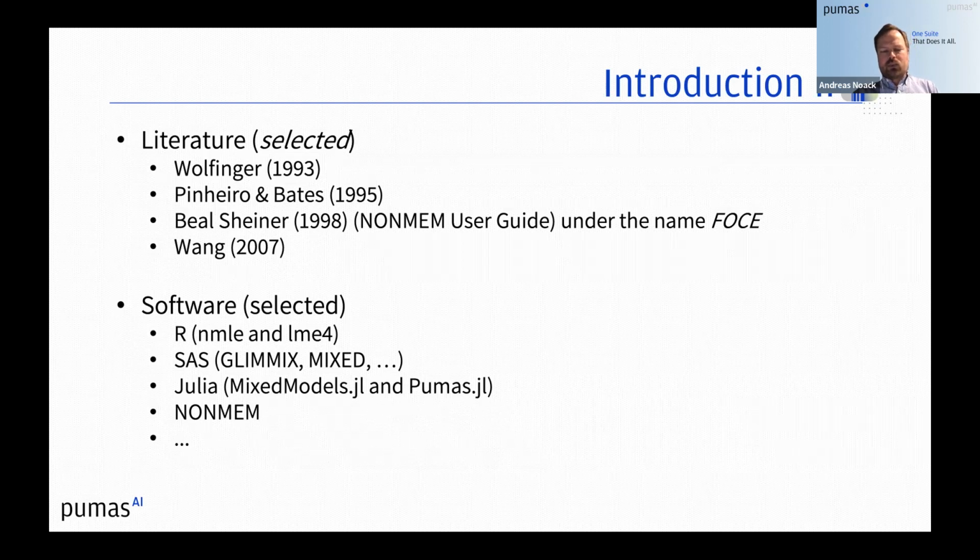In Julia, we have a package covering the traditional linear and generalized linear mixed effects models, written by Douglas Bates, who originally implemented the R packages, but now works in Julia. And then, of course, there's the Pumas package, which we offer, which has specific support for dynamical systems in the model, which is the special feature required by pharmacometrics analysis. Then, of course, there's NONMEM and others.